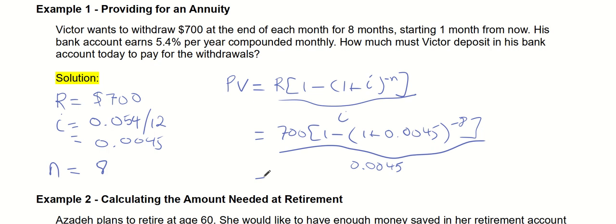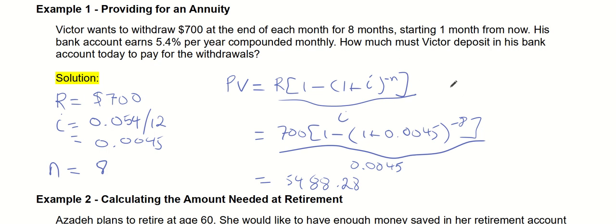You drop that in the calculator, and I believe you get 5,482.8.